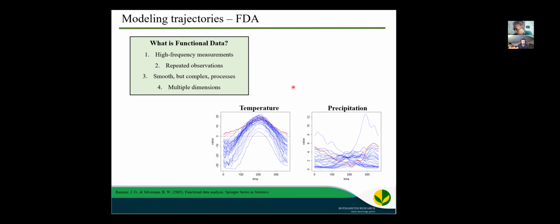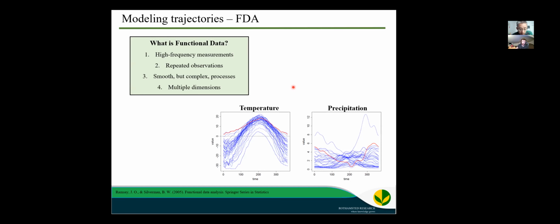What is functional data? What is usually known in the literature is functional data analysis, FDA, what we call. And the FDA is nothing more than high-frequency measurements, repeated observations. And if you think it's a simple complex, it is not a simple complex. It's a very complex process that you have to deal with.